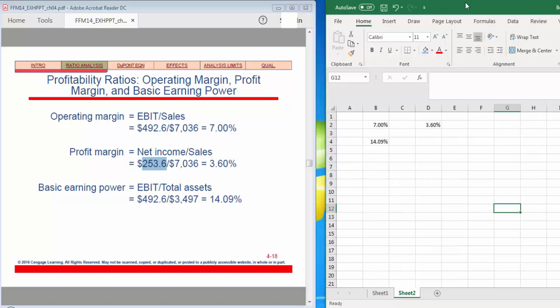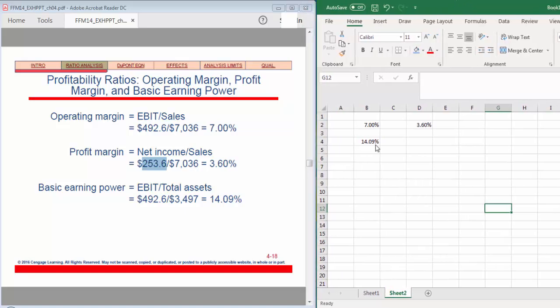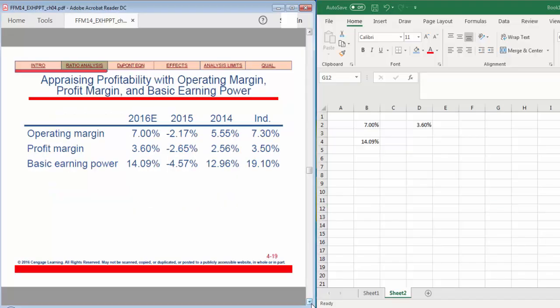Let's see how it compares, in case any numbers are given for comparisons to industry. So here you go. You've got operating margin of 7, which is right below industry, but not too far away. But look at how well the company is expected to do. In 15 it was negative 2.17.